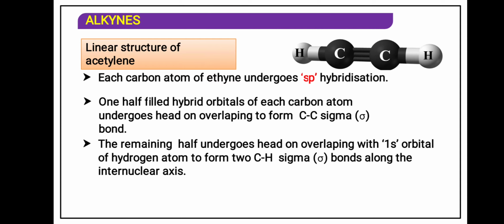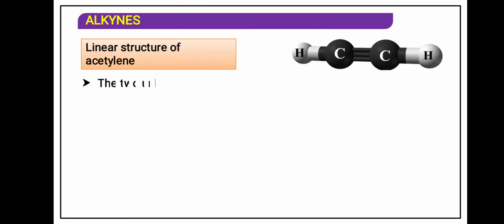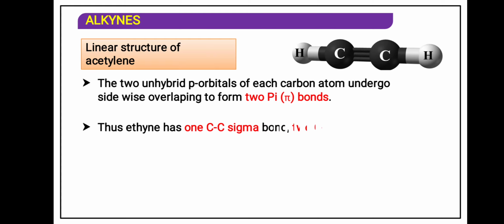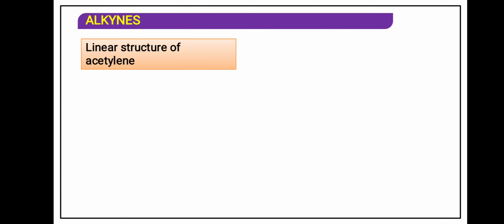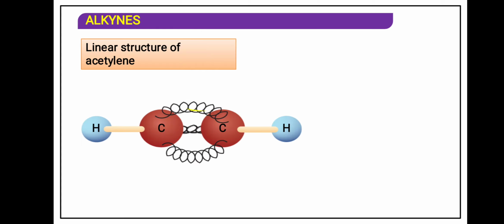Unhybridized orbitals form pi bonds, so 2 pi bonds are there. See in this way, this is pi bond, this is pi, and in between there is a sigma, this is sigma and this is sigma. 3 sigma 2 pi bonds in acetylene.